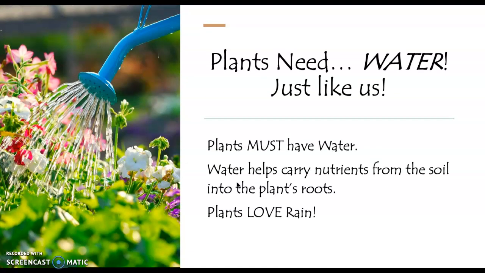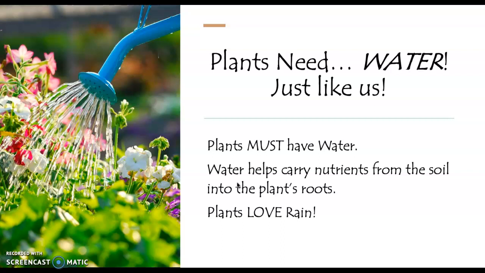And plants also need water, just like us. Water helps carry nutrients from the soil into the plant's roots. Plants love rain. So the plants get their water from the rain or by watering our plants with a watering can or with a hose.